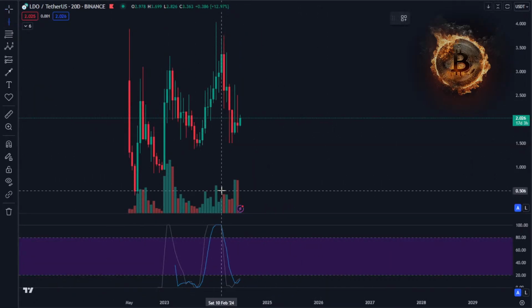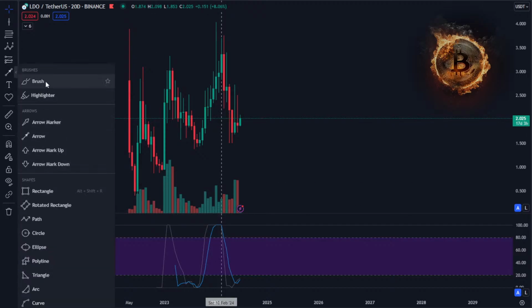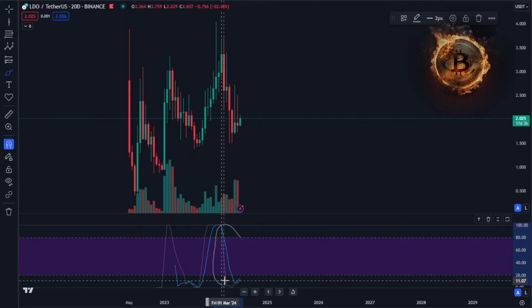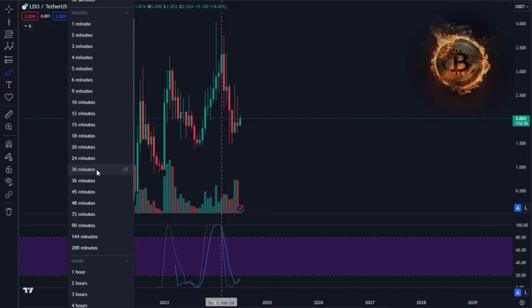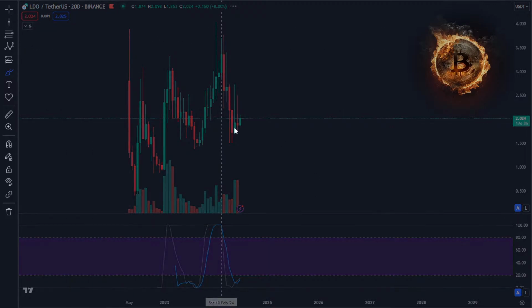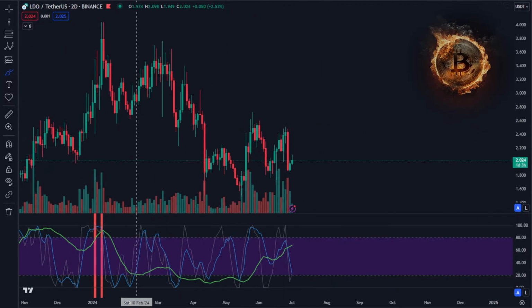So on the 20-day time frame here, we can see that this is the last wave, and when you zoom in to the 2-day time frame here, what you can see is something that looks like this. Let me just show you again, for those who are not able to memorize how this stochastic wave should look like.